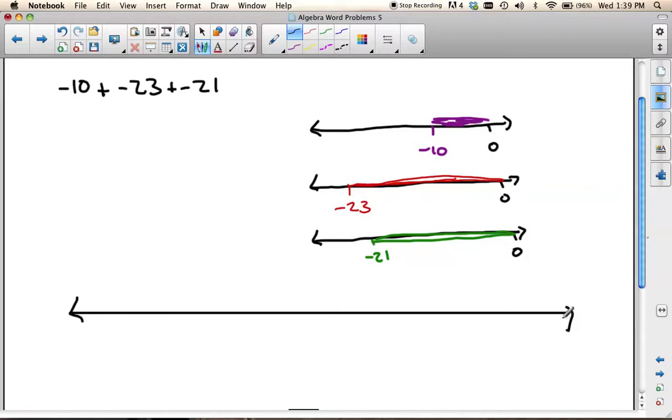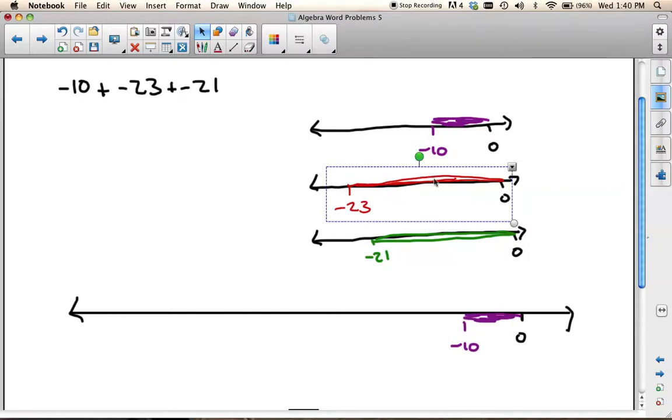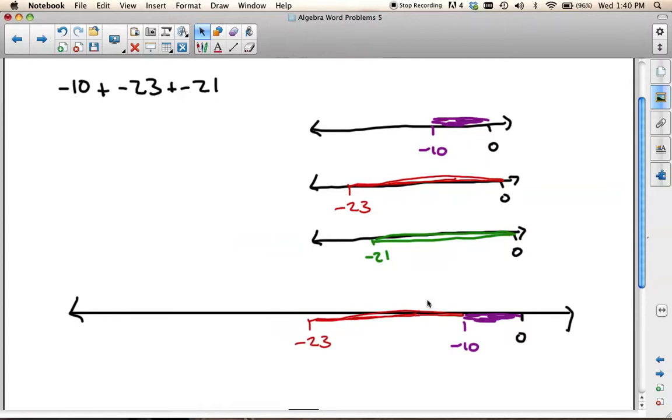If we decide that 0 is here, we can keep going. So this is our negative 10. We take our negative 23, and then we add our negative 21 on our number line.